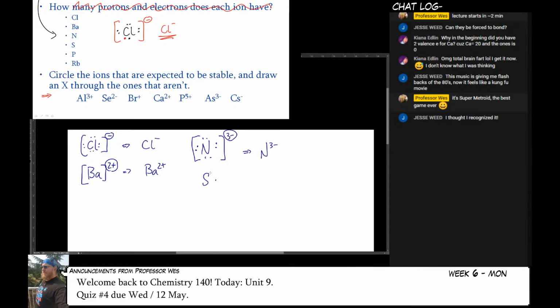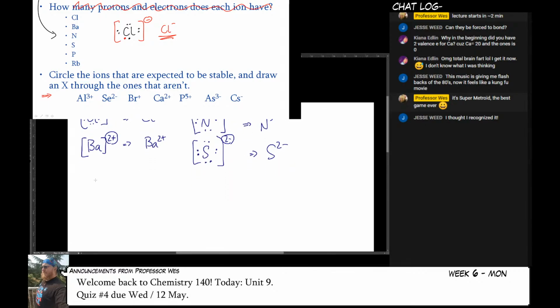So let's look at sulfur here. Sulfur has 6 valence electrons, so it looks like that. I need an additional 2 of them to get it to its octet. And there's the ion that forms. How about phosphorus here?